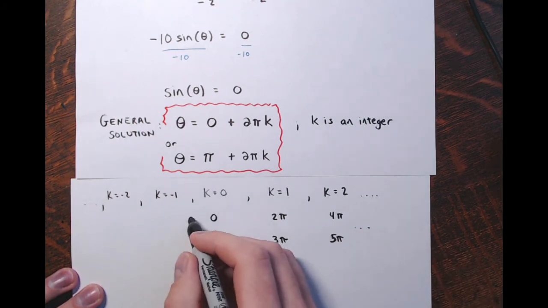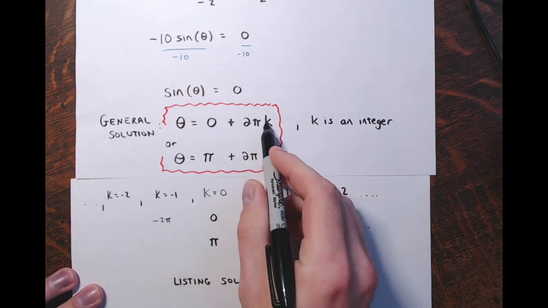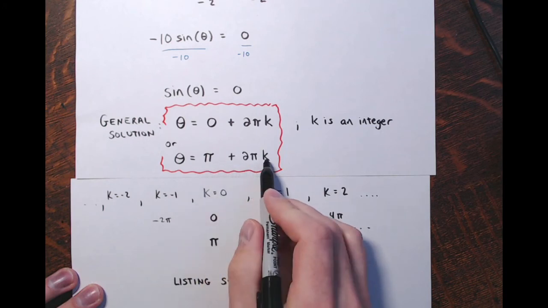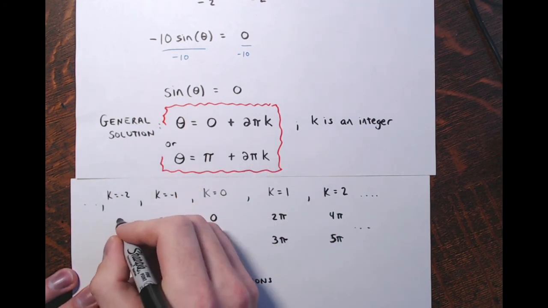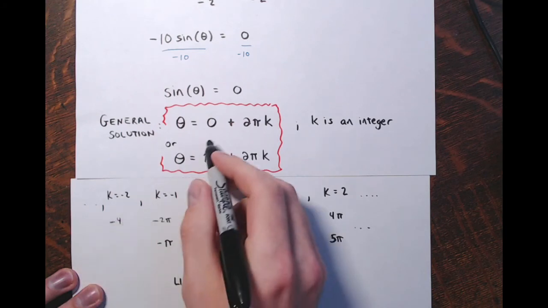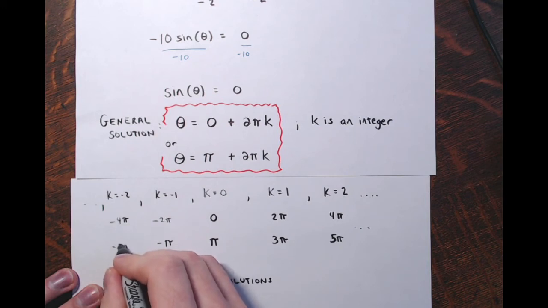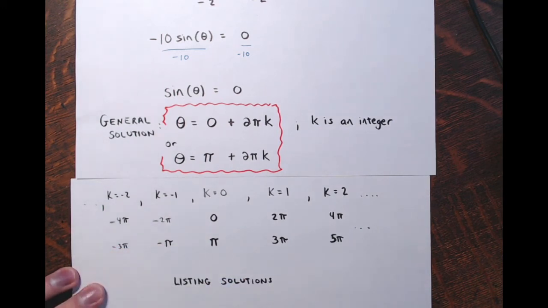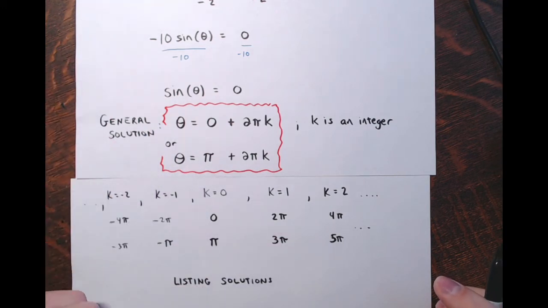And then going backwards, negative 2 pi when k is negative 1, and negative 1 pi from the other. And when k is negative 2, negative 4 pi from the top equation, negative 3 pi from the bottom one. I could do this forever, but can you see how every multiple of pi is a solution to this equation?